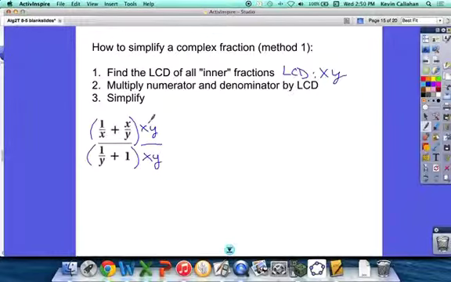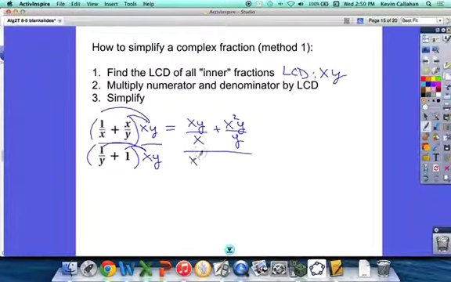So the first one will be xy over x. The second one will be x squared y over y. And the denominator will be xy over y. And then here it'll be xy.